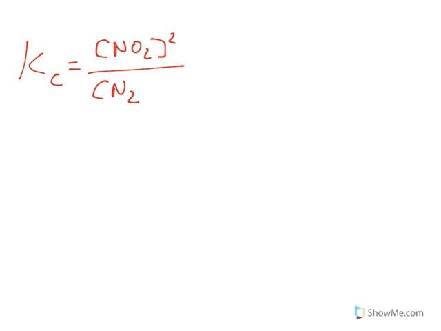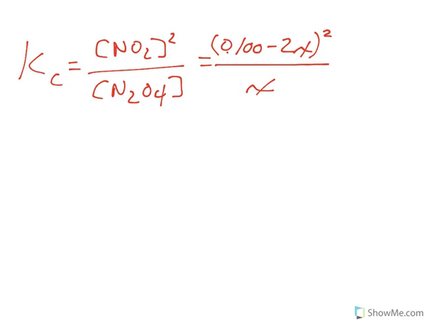So Kc is equal to the concentration of NO2 squared over the N2O4, right? And that was going to be 0.1 minus 2x squared over just simply x.